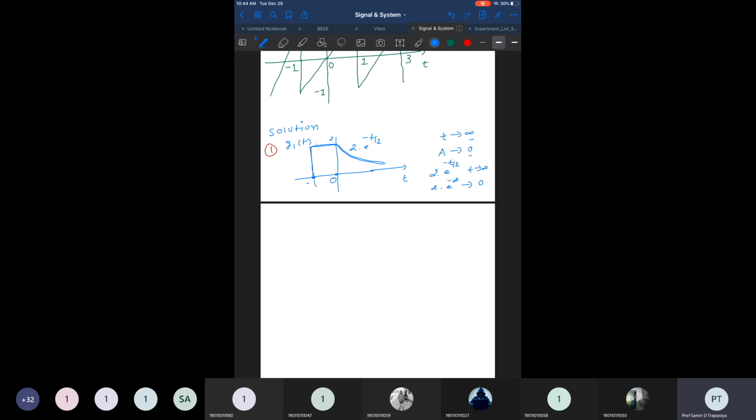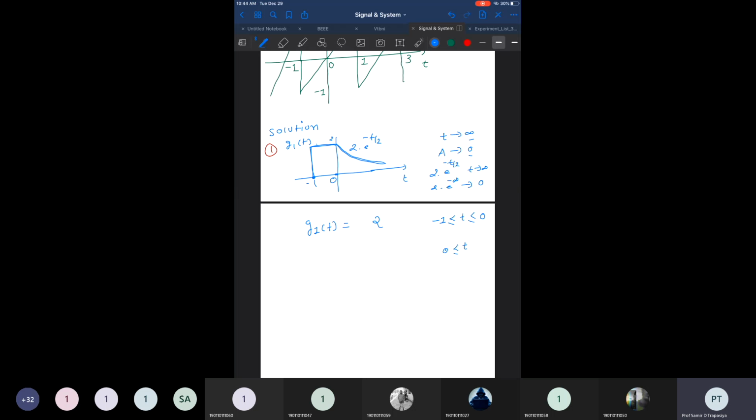It starts from somewhere and ends somewhere. Now, how do we represent the signal mathematically? G1 of t has constant amplitude, a rectangular function, from -1 to 0. From 0 to infinity, the signal is an exponential with amplitude 2 times e raised to minus t/2. Why 2 times e raised to minus t/2?